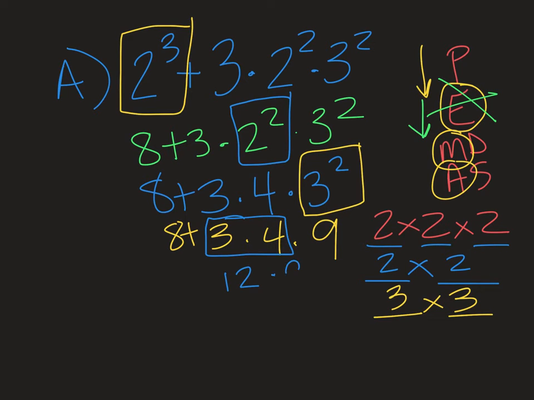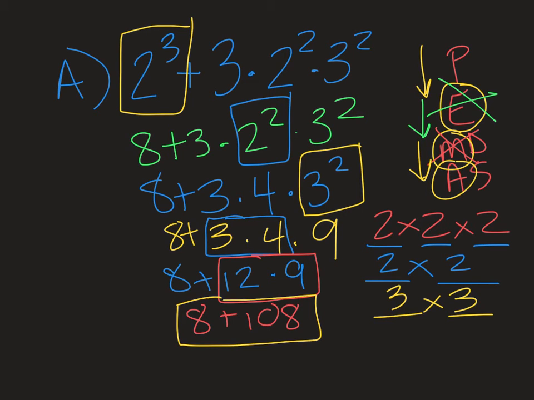And then I rewrite everything. Okay, still not done with multiplication. I've got 12 times 9, which is 108. And then I rewrite everything. Now I'm done with multiplication. And my last step is to add. 8 plus 108 is 116.